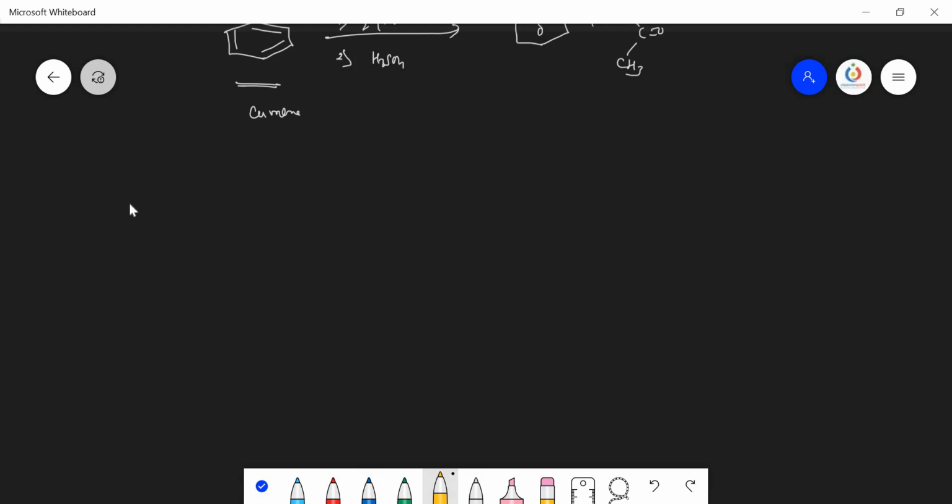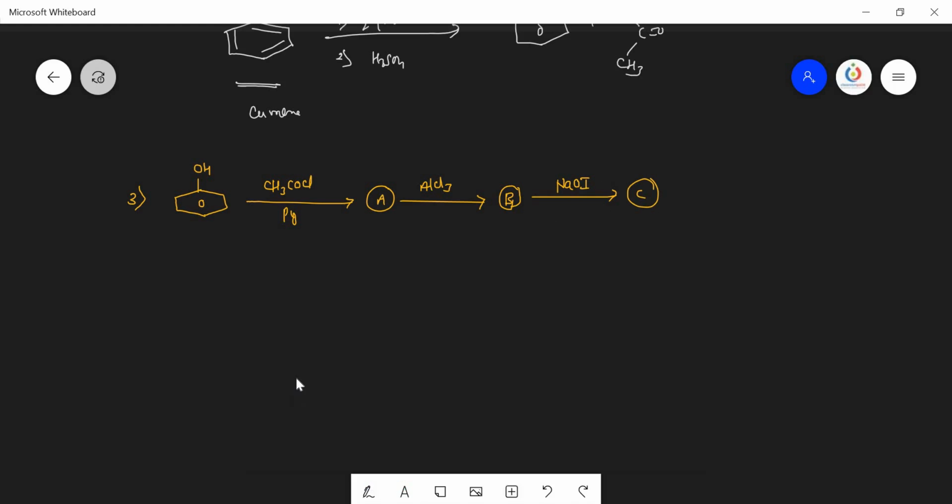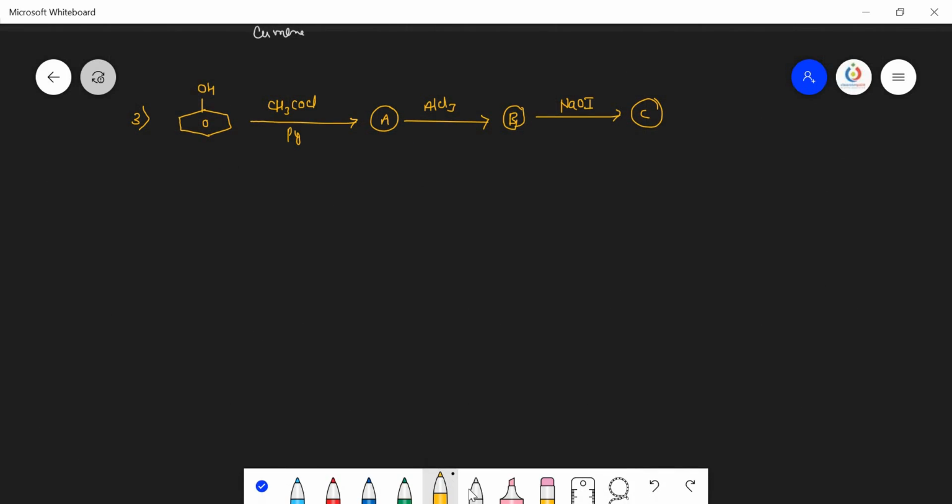The question is, phenol is treated with CH3COCl in the presence of pyridine. We get some product over here, maybe it is A. A on reaction with AlCl3 gives the product B. This product B on reaction with NaOI gives the product C. So let us see these three reactions here.